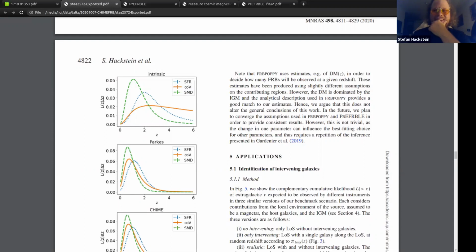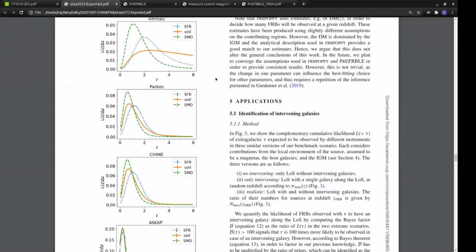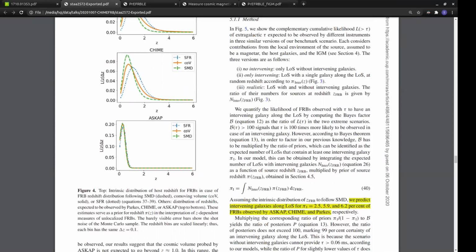And sorry, the position of the FRB within these galaxies is just randomly chosen for each one of your models? It is chosen according to the molecular density, which we take as a tracer for star-forming regions, which are the most likely regions to find magnetars or young magnetars. Yes, but I'm a bit curious because in our own galaxy, the RM and the DM of the magnetars we observe change by orders of magnitude, right?